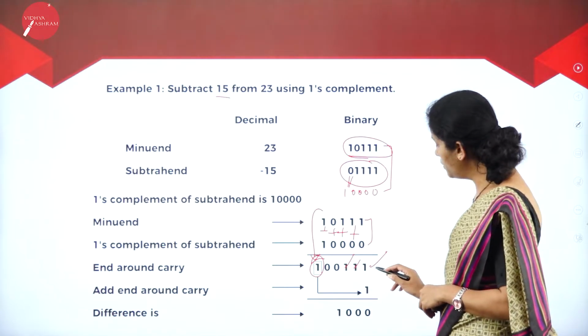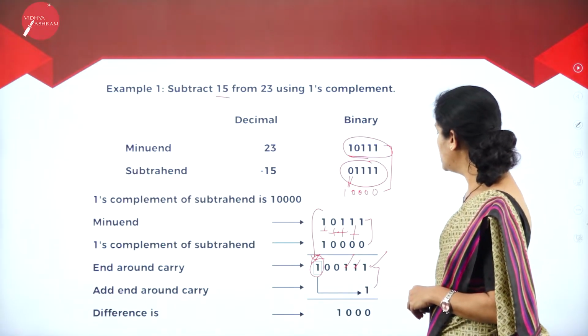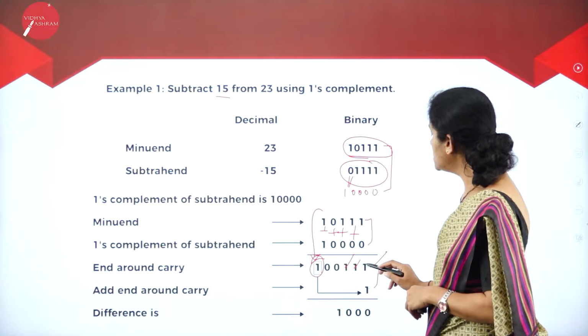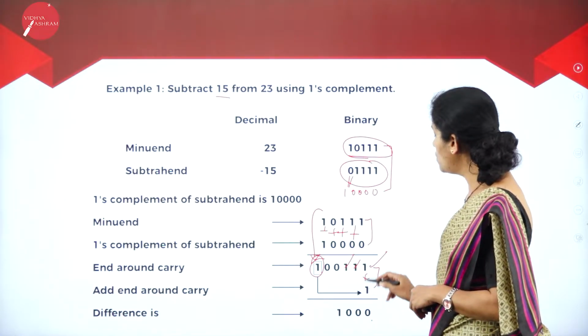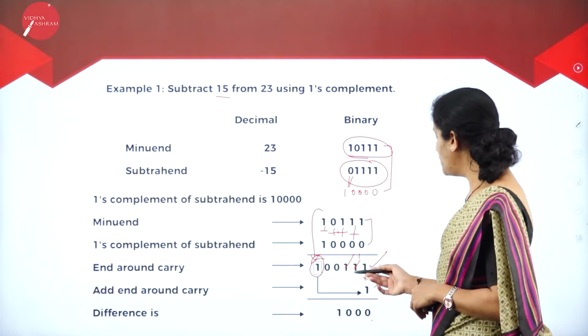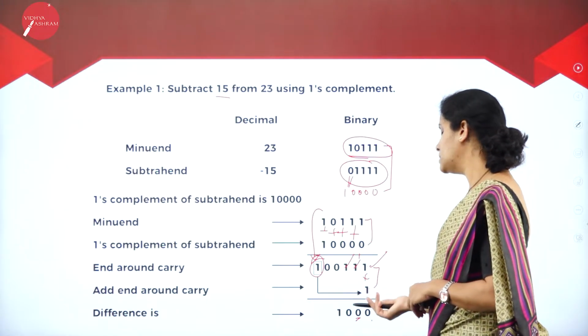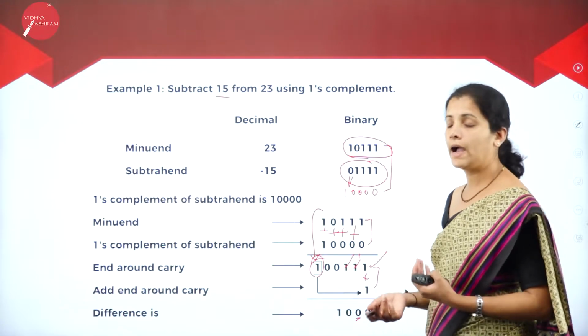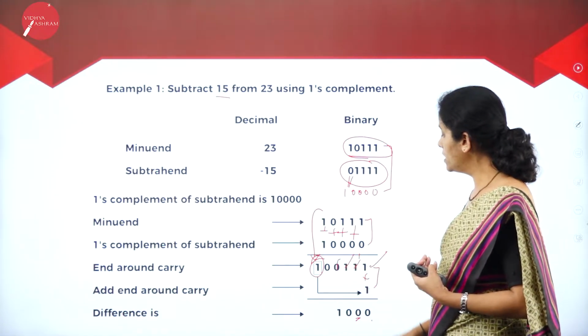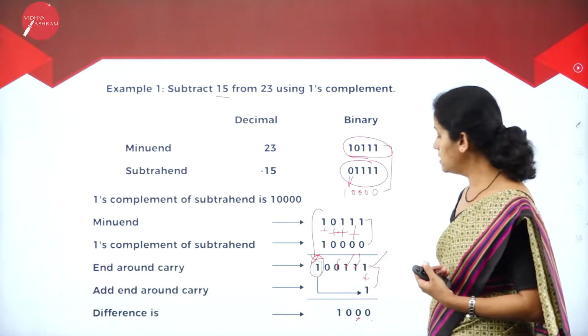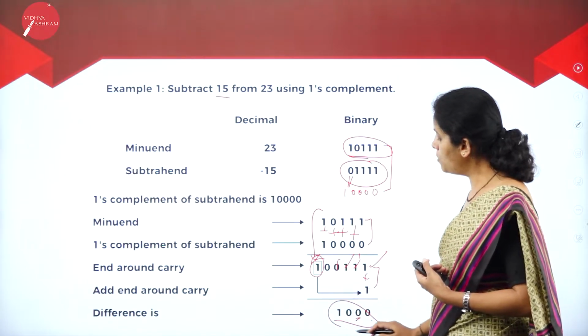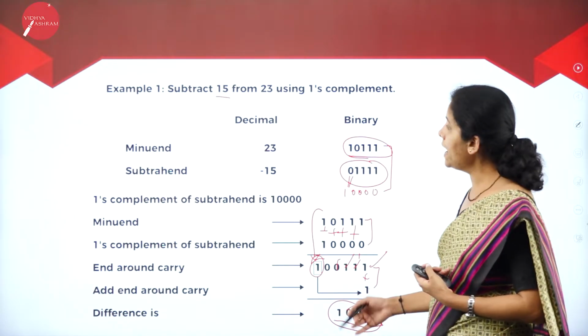Now I'm going to add. So that is 1 plus 1, it is 0, 1 carry. 1 plus 1, 0 sum and 1 carry. 1 plus 1, 0 sum and 1 carry. So here 0 plus 1, it is 1. So how much is it? It is nothing but 8.